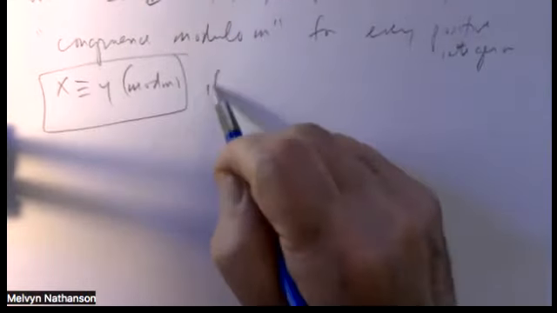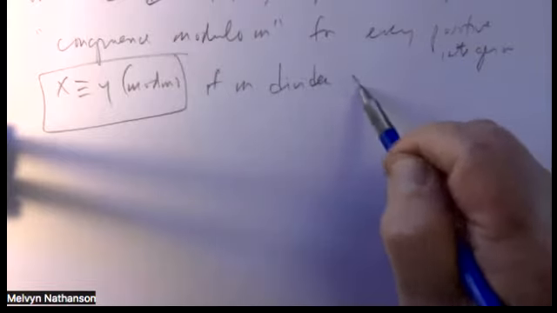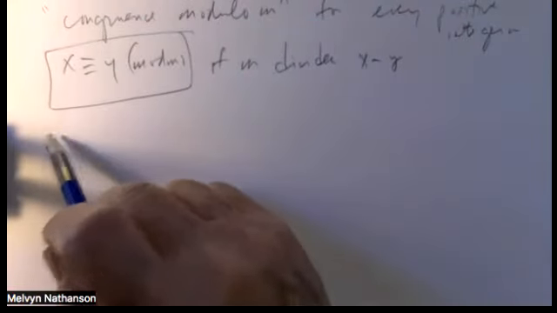The relation is written x congruent to y mod m if m divides x minus y. So this is an equivalence relation.